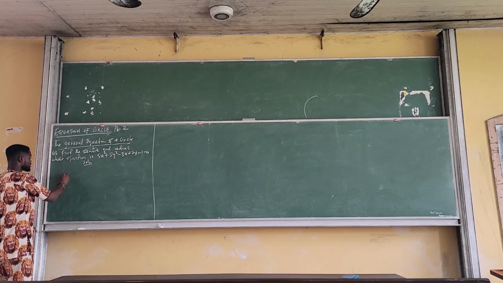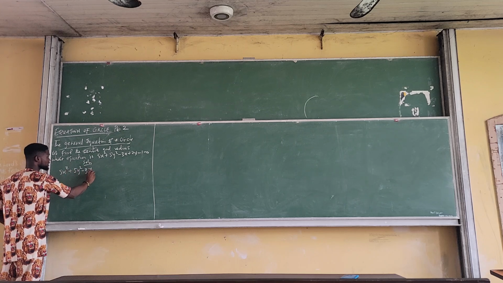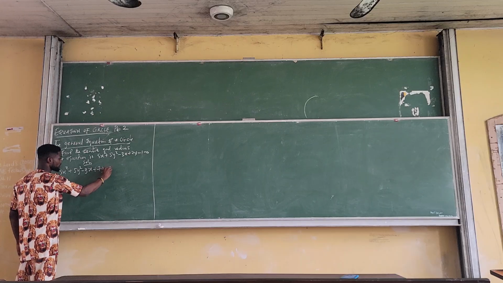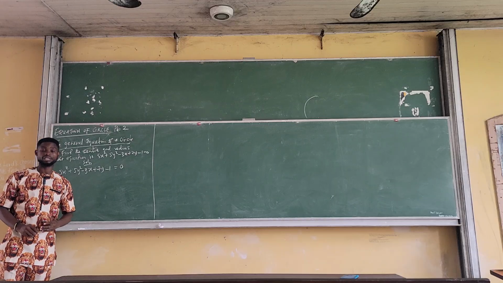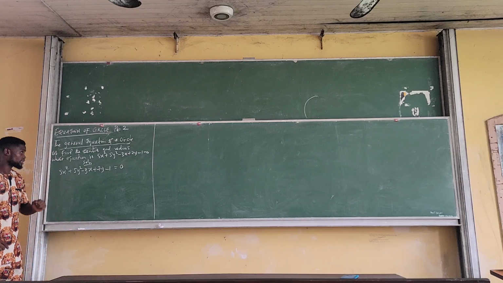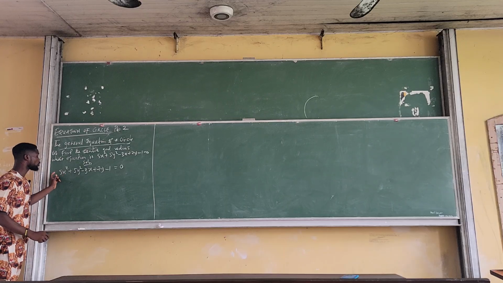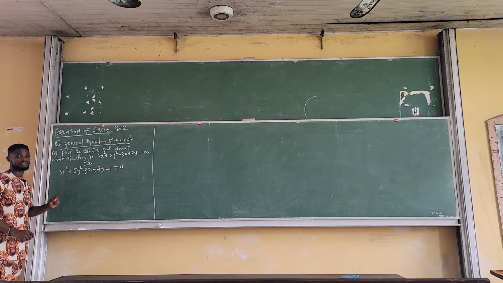From the equation 5x square plus 5y square minus 3x plus 7y minus 1 is equal to 0, there are steps that you should take when solving the general equation of a circle. Number one step is to divide all through by the coefficient of x square and y square. That is what we're going to do.